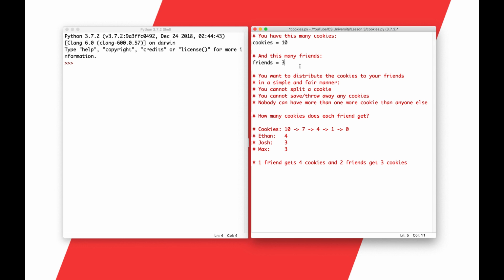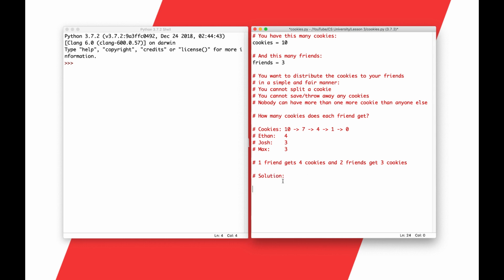And one of the rules that we said is that you can't split a cookie, which means that there's no decimal places involved. A number without a decimal place is an integer, and so it sounds like we're trying to do division, but we want the answer to be an integer. That should sound a lot like integer division, which is a concept that we just learned about. So the first thing that we're doing is some sort of integer division. Let's go ahead and write our solution down here.